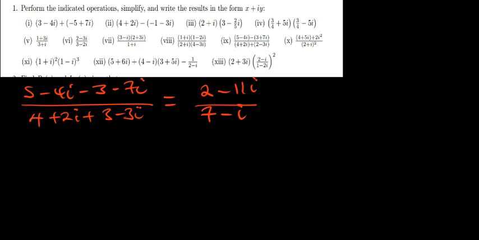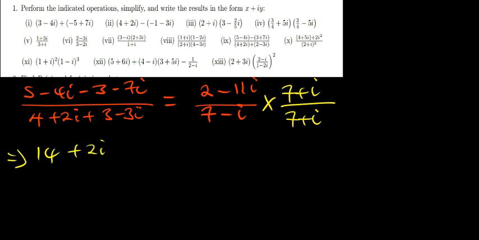Now we get the conjugate of this. So this is going to be times 7 plus i, even here 7 plus i. So I'll start. 2 times 7 is 14. Then 2 times i is plus 2i.